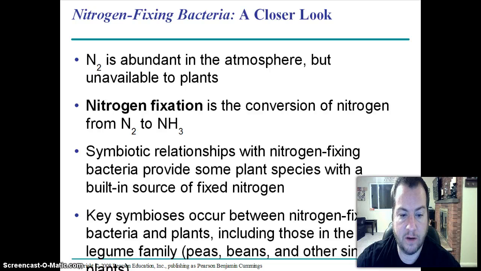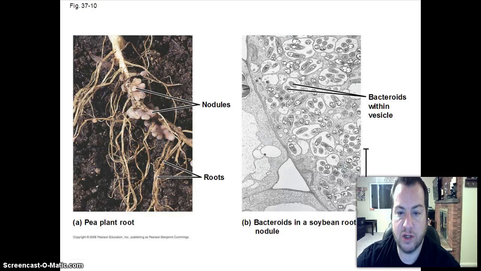Sometimes plants even have symbiotic relationships with those bacteria. These are the root nodules of a type of plant called a legume. Legumes are peas, alfalfa, peanuts, all in that family of plants. And these root nodules host that bacteria and allow them to produce the nitrogen that they need.